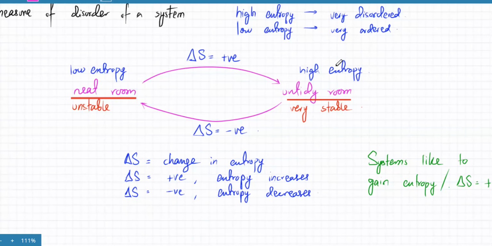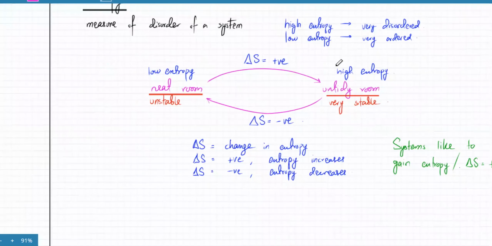Things tend to move towards entropy. There's one thing that actually goes against this universal law that things tend to go towards a high entropy state. There's a thing which does the opposite, and that is basically the concept of life.